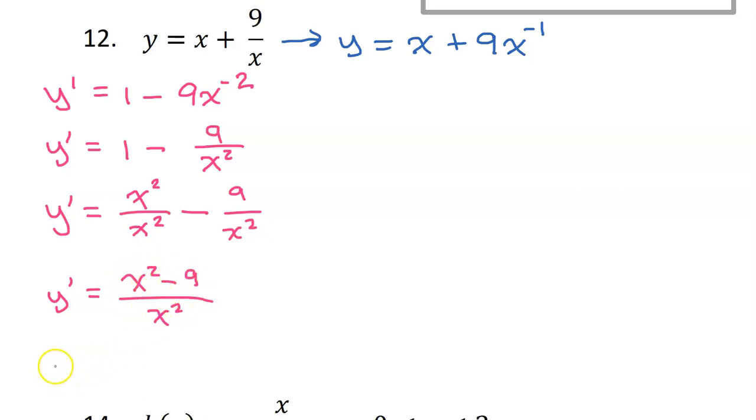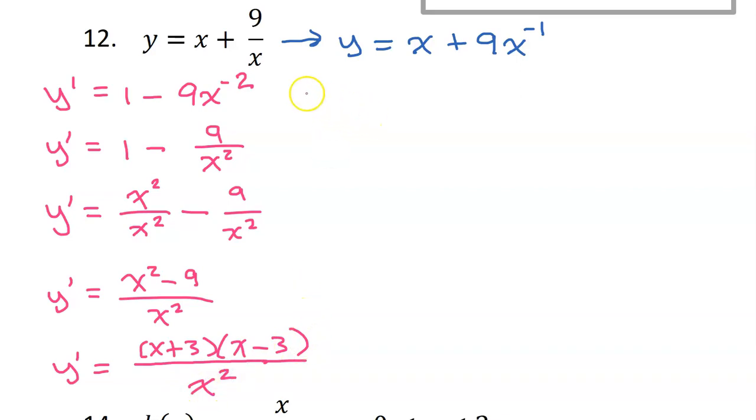Might as well write this in factored form because that will make it easier to find the critical numbers. This is the difference of two squares, so we can write x plus 3 times x minus 3 over x squared. So let's find the critical numbers. The critical numbers occur wherever y prime is equal to 0, and they occur where y prime is undefined.